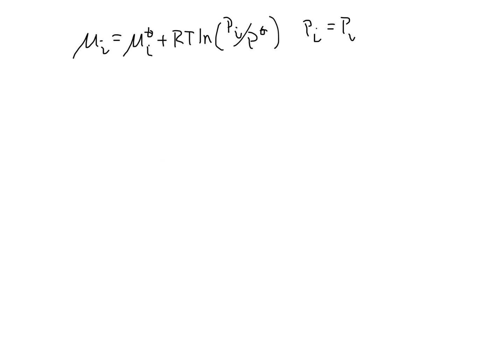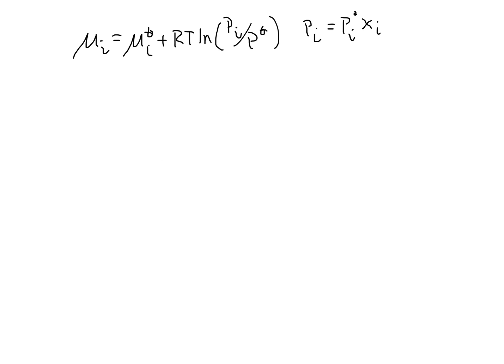Recall that the chemical potential of a component is equal to the chemical potential in the standard state plus the correction for not being at 1 bar of pressure. So the appropriate pressure is the pressure of the gas, that component, above the mixture. Raoult's law tells us that the pressure of the component above the mixture is equal to the pressure of that component above the pure substance times the mole fraction of the component in the mixture.